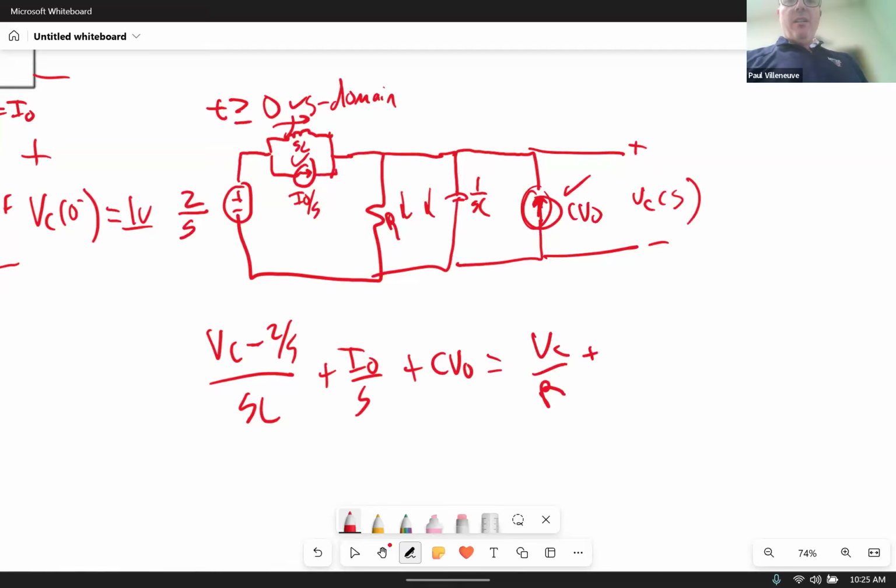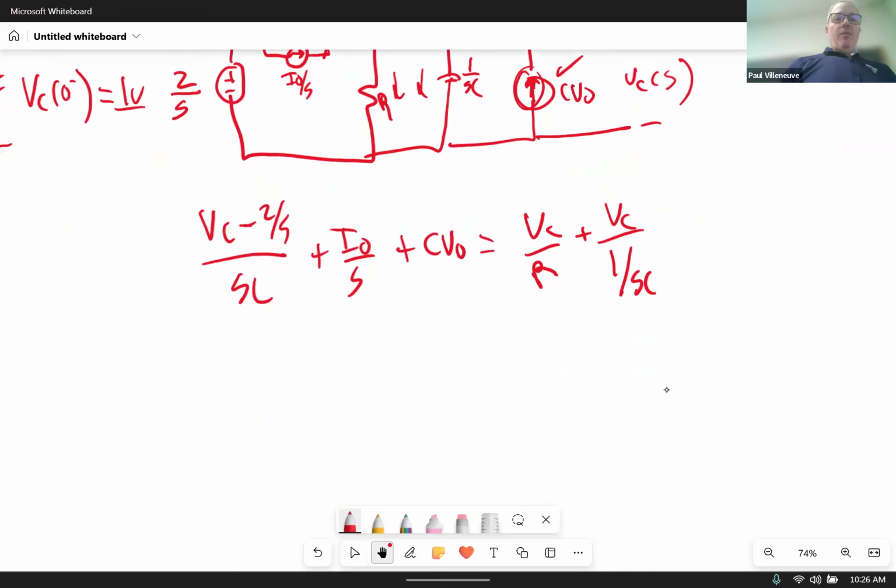VC over R plus VC over 1 over SC. So let's do a little bit of factoring.